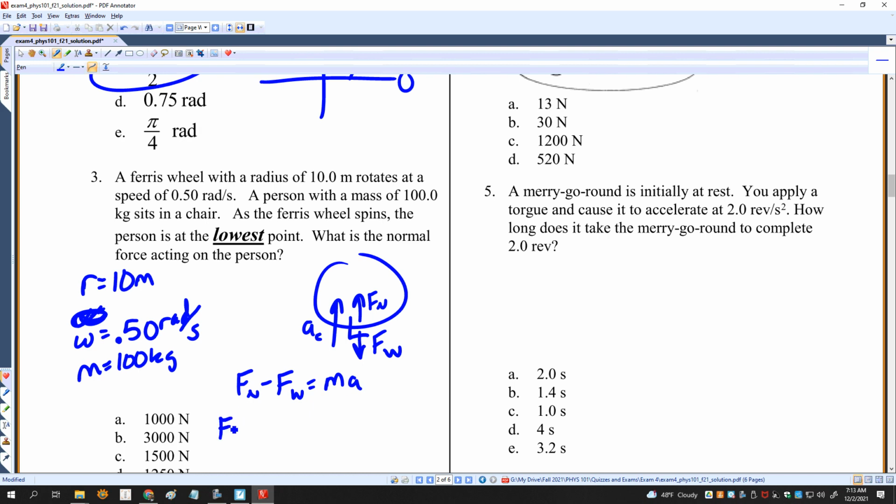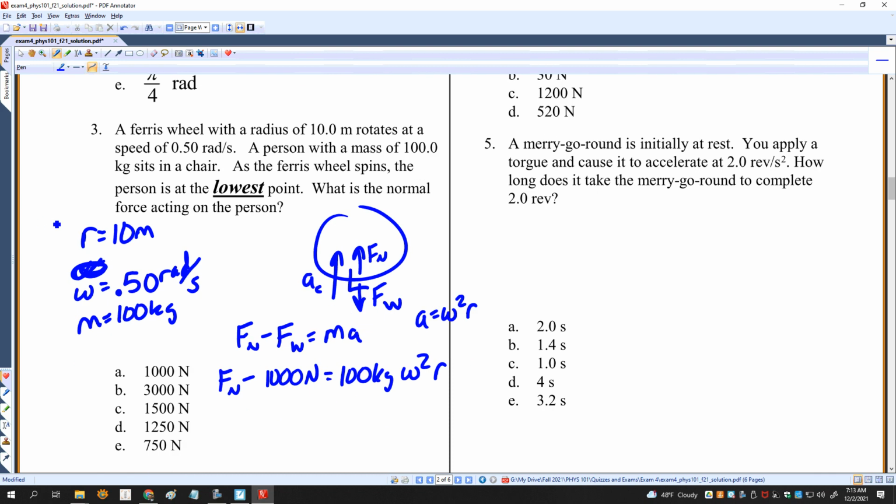That is Fn minus the weight, which is 1,000 newtons, that's m times g, is equal to 100 kilograms times v squared over r, or omega squared r. I'm going to let a equal omega squared r. Just makes life a little easier here. So Fn equals 1,000 plus 100 times omega, which is 0.5 squared, times the radius, which is 10.